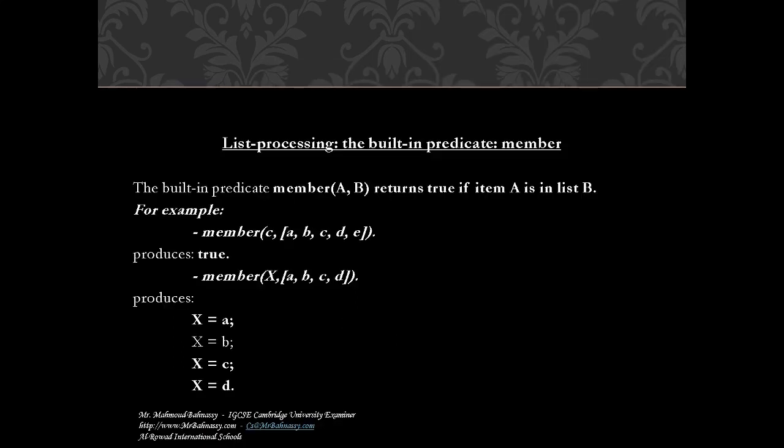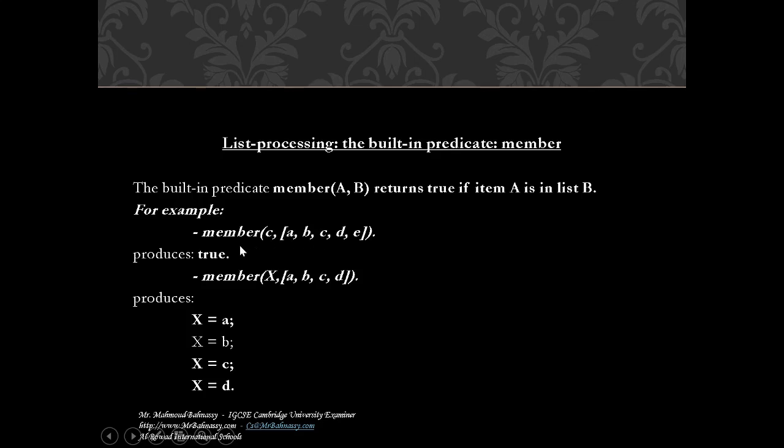Okay, let's see another built-in predicate, which is called member. This predicate will look for one of the items you provided, to check if it exists in a list or not. Like here, member, C, and the list. So if C is a member of that list, yes, it returns it.